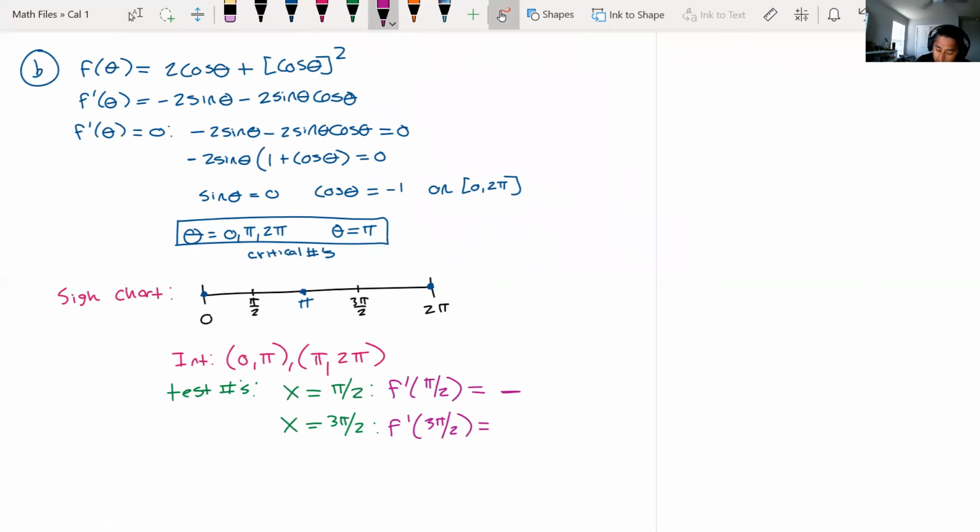So that'd be +2, and that'd be 2 minus 0. So that'd be plus. Okay. So here we decrease and then increase. So it looks like pi is going to be our critical number. The only critical number we can actually use on this closed interval is going to be a local minimum.